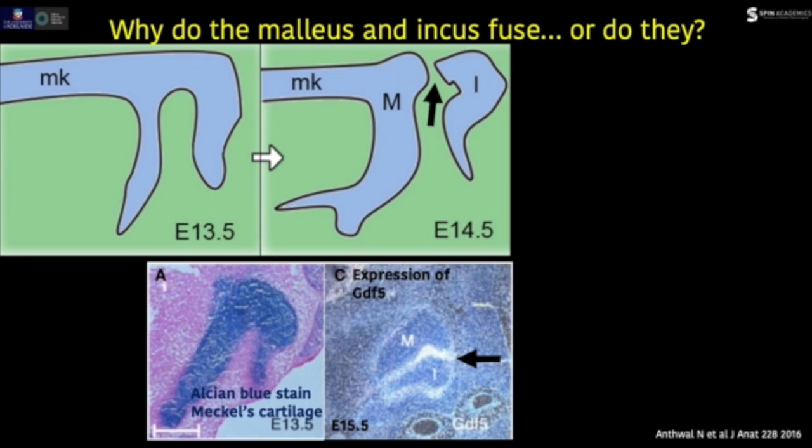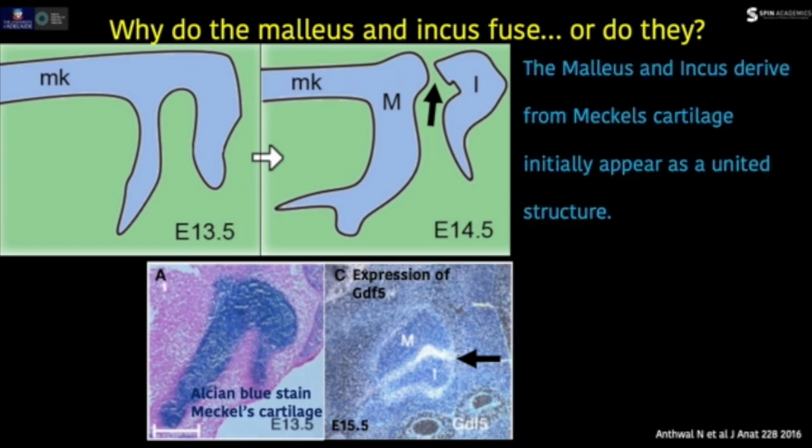The top panel shows the Meckel's cartilage giving off the malleus and incus as a fused structure at 13.5 embryonic days in a mouse. At 14.5 days, there is a joint between the two. The bottom panel depicts the Alcian blue stain that shows the malleus and incus as a united structure at 13.5 embryonic days in a mouse.